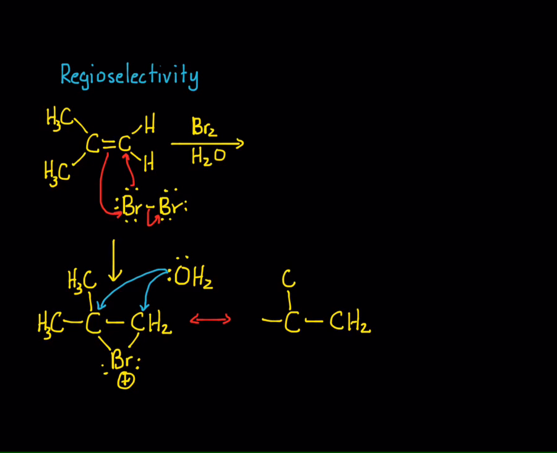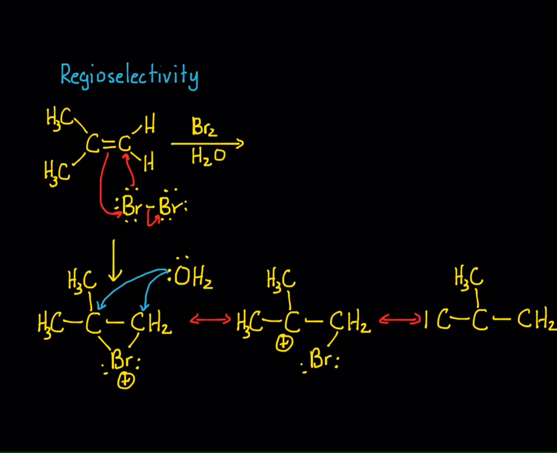Well, again, thinking about resonance stabilization, I can envision two possible minor resonance contributors. I have one, the middle one, where I have a tertiary carbocation-like nature, and one on the right-hand side where I have a primary carbocation-like nature. Well, obviously, the bromonium ion is certainly going to be the major resonance contributor.